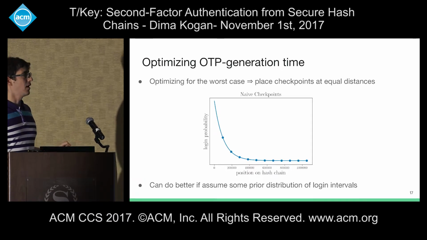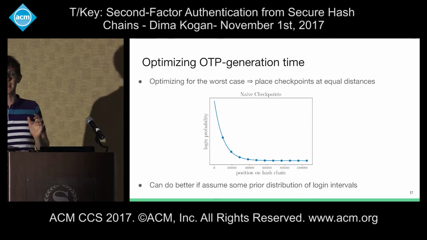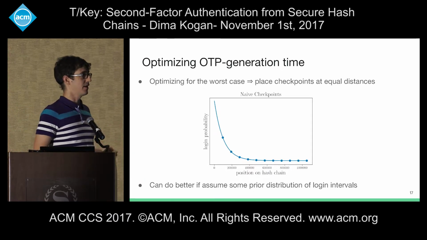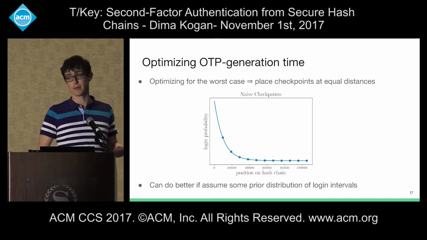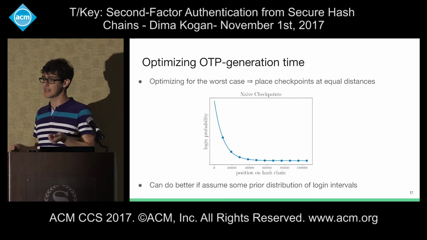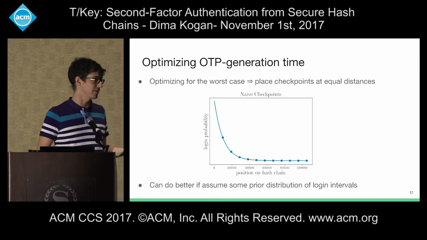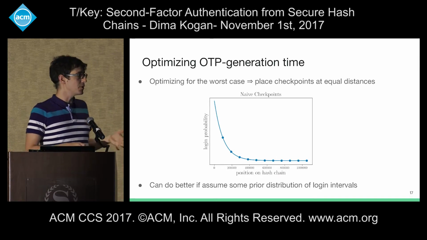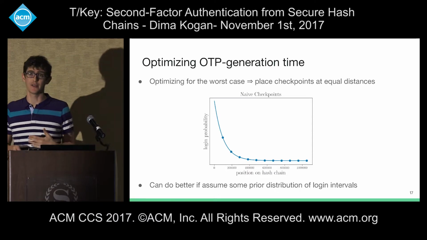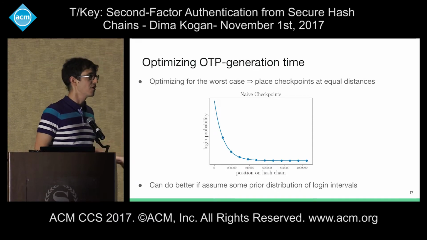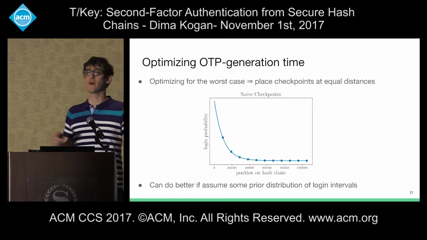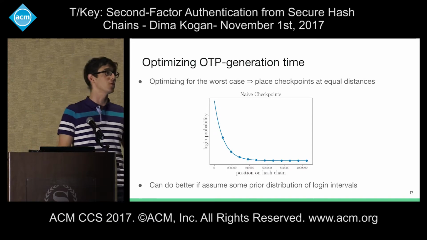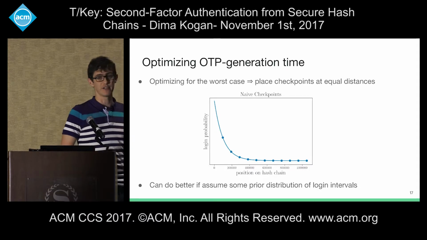So clearly, if you just care about the worst case time it takes to generate an element, the best thing you could do is to place checkpoints at equal distances, because that minimizes the maximal distance between any point and the checkpoint. But in practice, we will often have some prior knowledge of the distribution of logins in our system. For example, it could be the case that the user logs in every week, or the probability for the user not to log in for two years is very, very small.